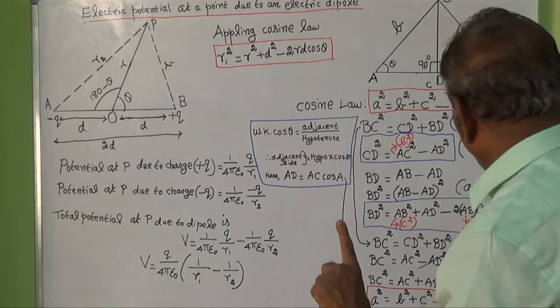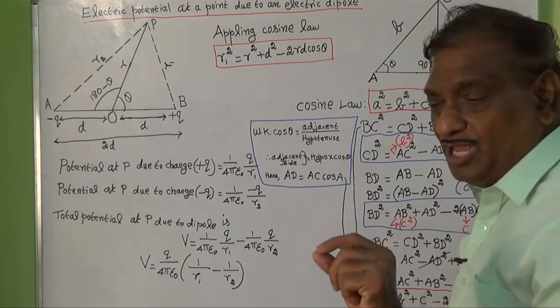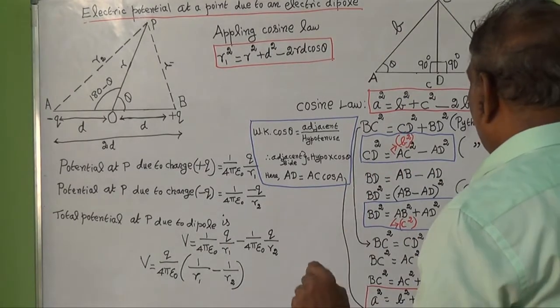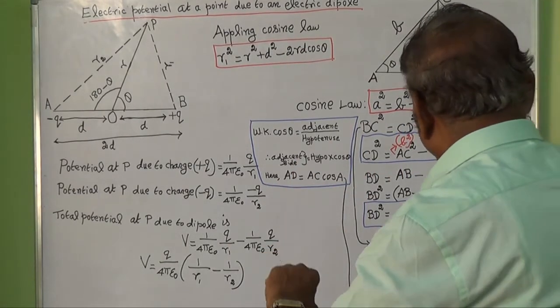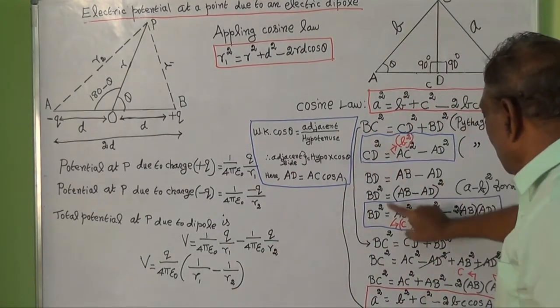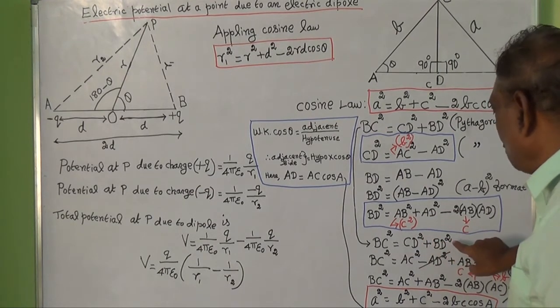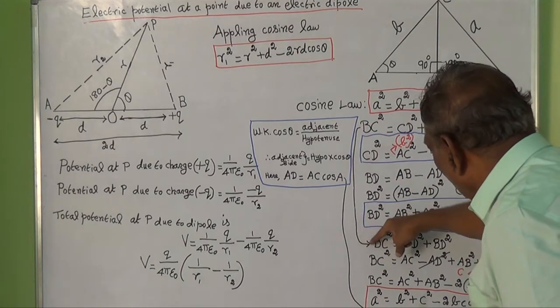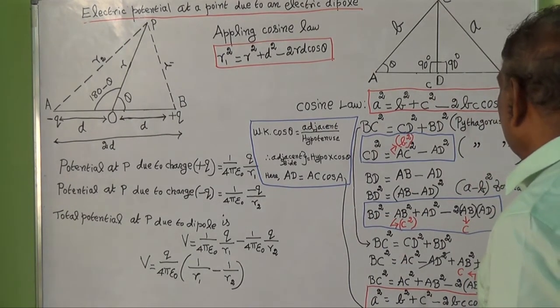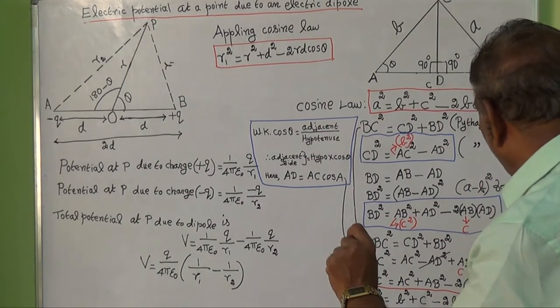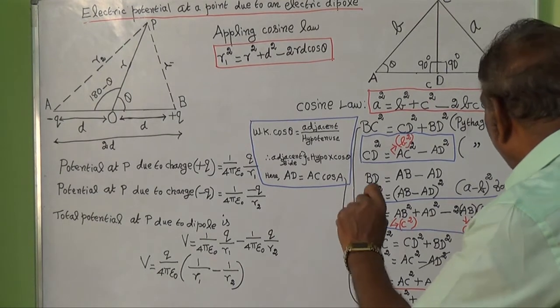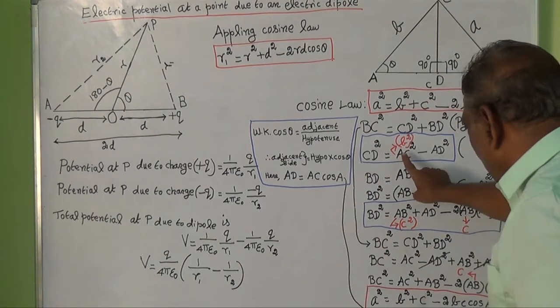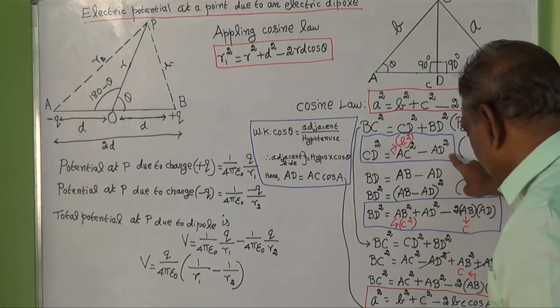Next our duty is to find only B. It is written again BC square equal to CD square plus BD square. So that I have given the arrow mark here. So we have already determined CD square as AC square minus AD square.